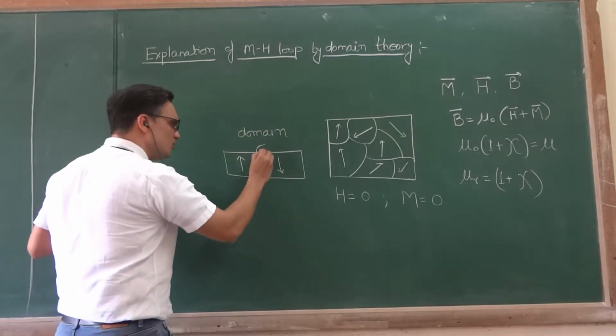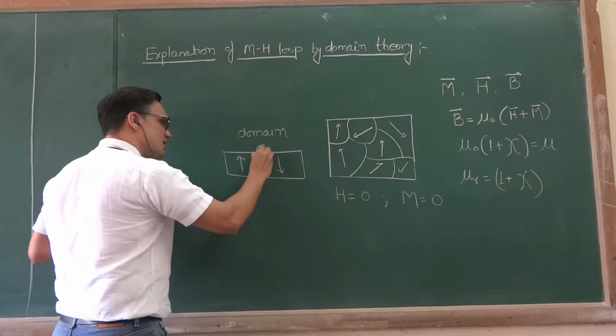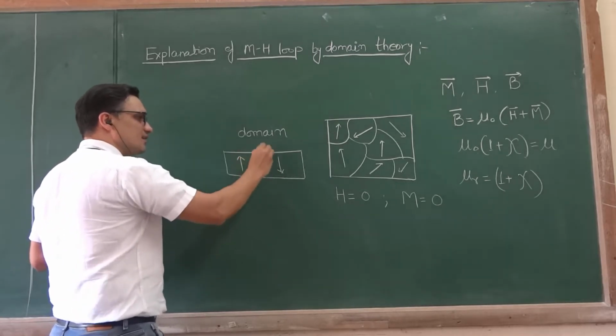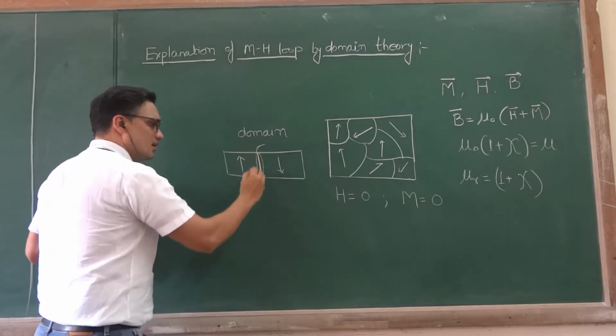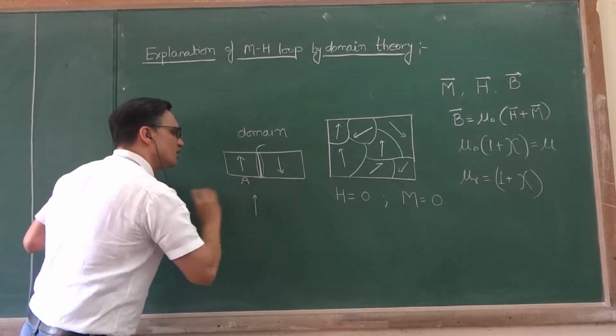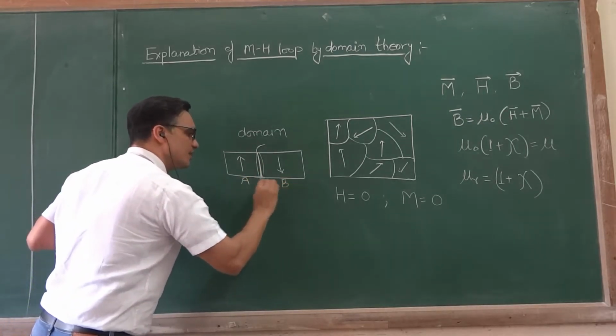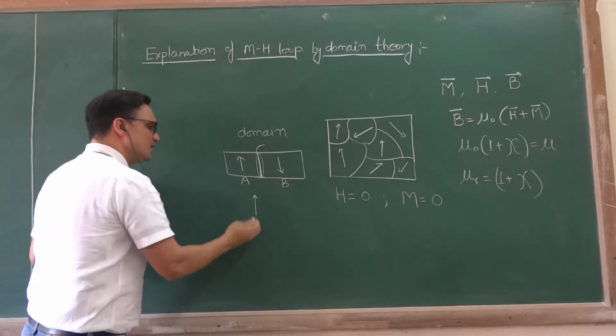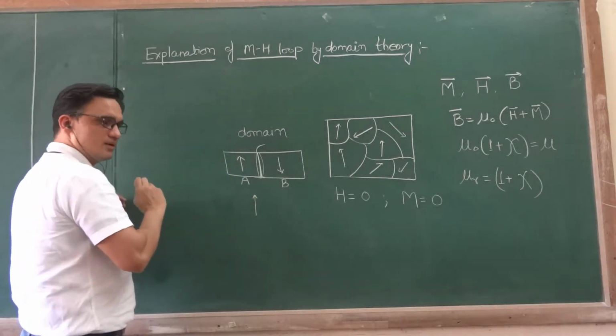If I zoom into this region to understand what is exactly happening at the domain boundary, let me say this is domain A and this is domain B. In domain A, the magnetic moment is upward.